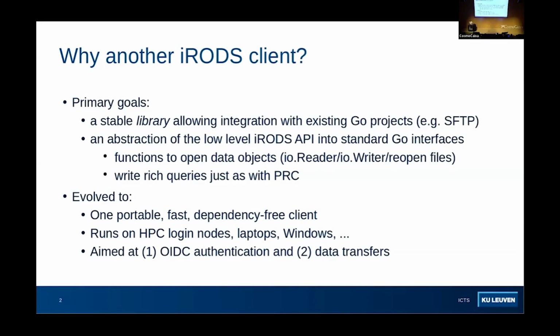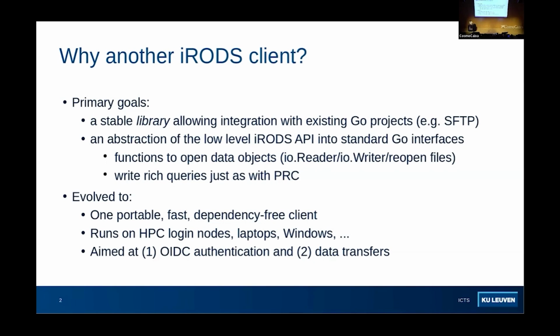There is also functionality to reopen a file so that you have two streams and you can do parallel work. Also, I wanted to add a richer way to query the catalog, so to have a similar language to play with, just as PRC has to interrogate the catalog. So this library was the first goal.